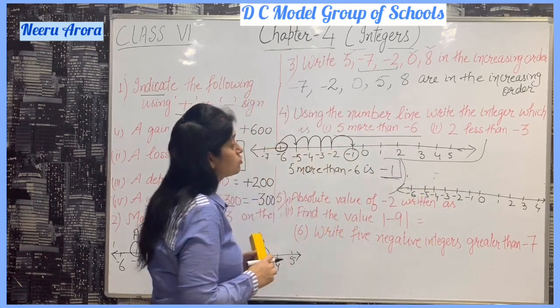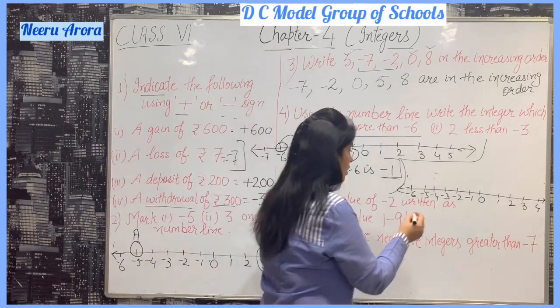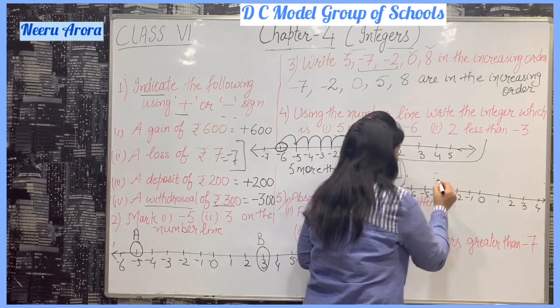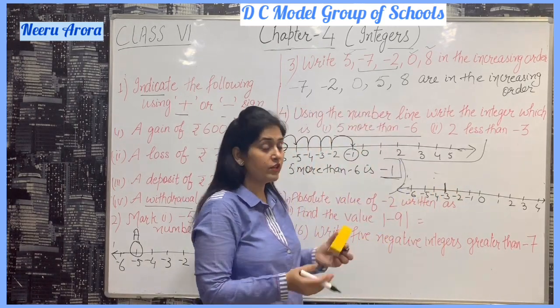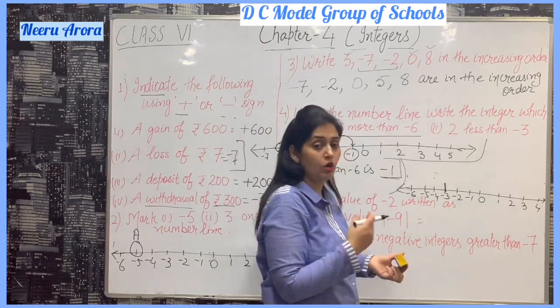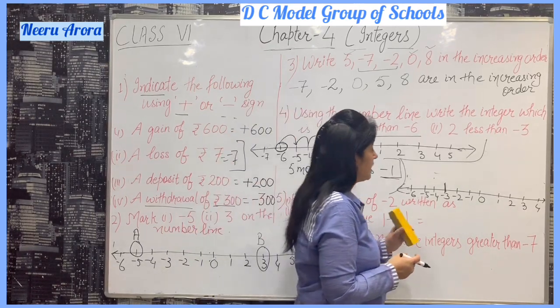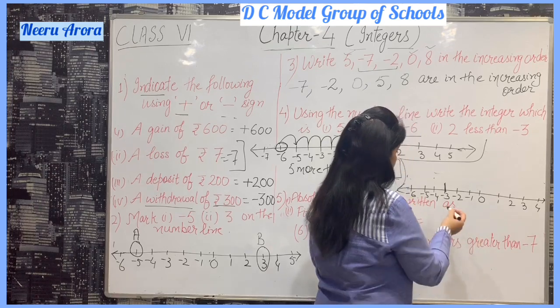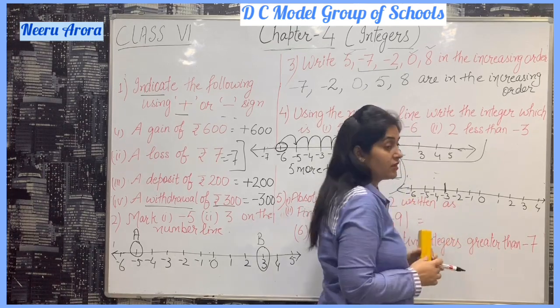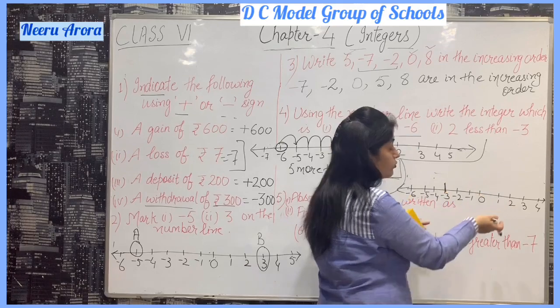Now the question is 2 less than minus 3. Now we are on minus 3. So which side do we move, right side or left side? Minus 2 is bigger than minus 3, so we cannot move to the right side.